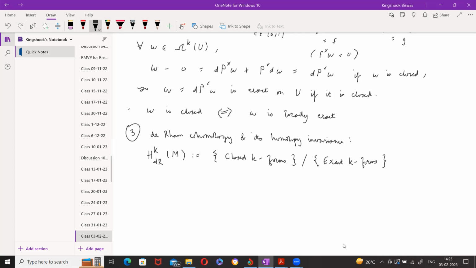So we can take this quotient. Yeah. And if I have F, a smooth map from M to N, right? Then it induces a map on de Rham cohomology, F upper star, which goes in the opposite direction from the de Rham cohomology of N to the de Rham cohomology of M.